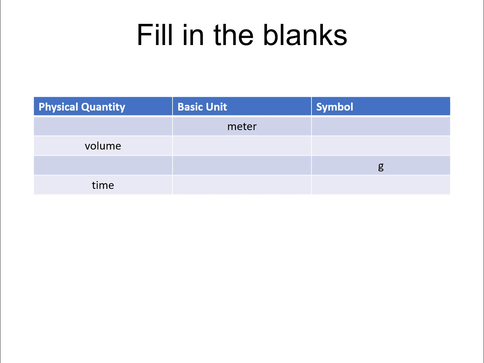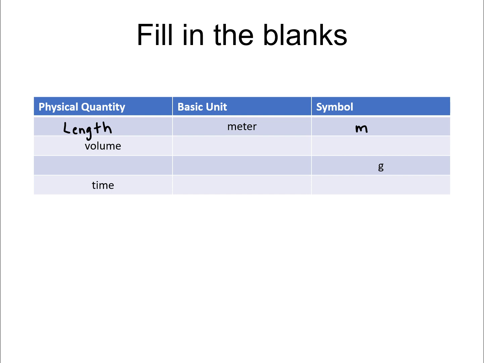Alrighty, I'm going to start filling these in. So for the first row, the basic unit is a meter. The physical quantity associated with that is length. And the symbol for meter is a lowercase m.